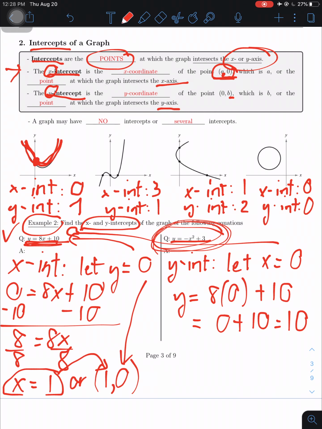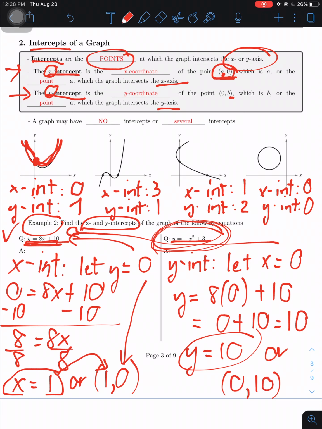Okay, so as for the final answer, as I told you, the y-intercept, again, it could be either a point or the y-coordinate, right? So you can box the answer of the y-intercept as y equals 10, like this, or it could be rewritten as a point. Since y is 10, the second part will be 10, and the first part should be 0. Again, why is that so?